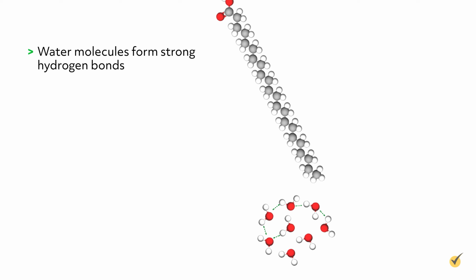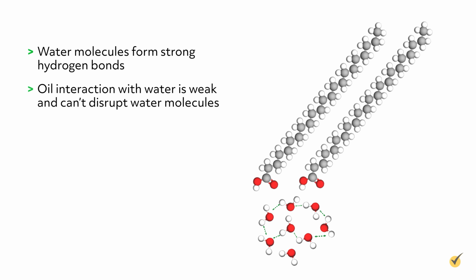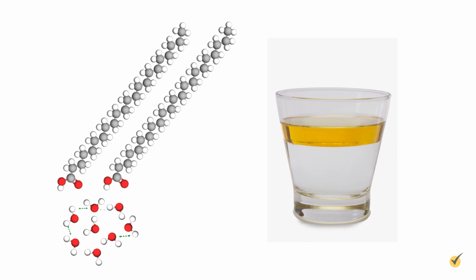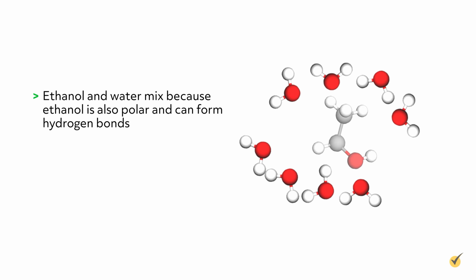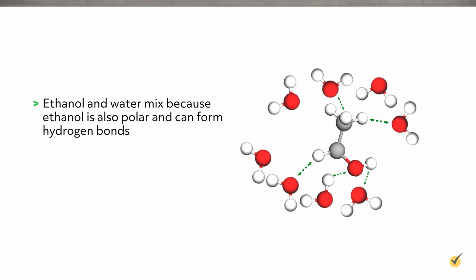While the oil molecules are also attracted to the water molecules, their interactions with water molecules are so weak that they can't disrupt the network of water molecules and wind up sitting on top of the water. On the other hand, when you add ethanol to water, the two mix because ethanol is also polar and capable of forming hydrogen bonds and thus can compete with the attractive interactions between the individual water molecules.